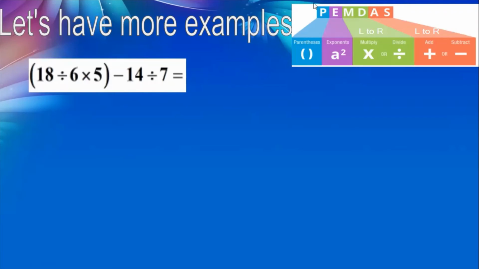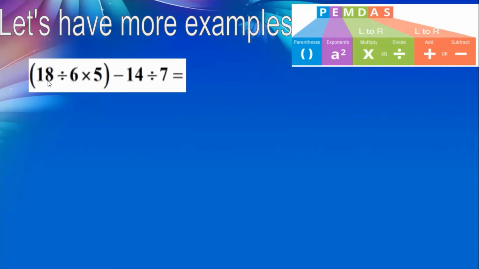But PEMDAS tells us that we need to do the numbers that are on the left before we go to the right. So left to right. As we can see here, the operation on the left is division. So do the numbers that are on the left.